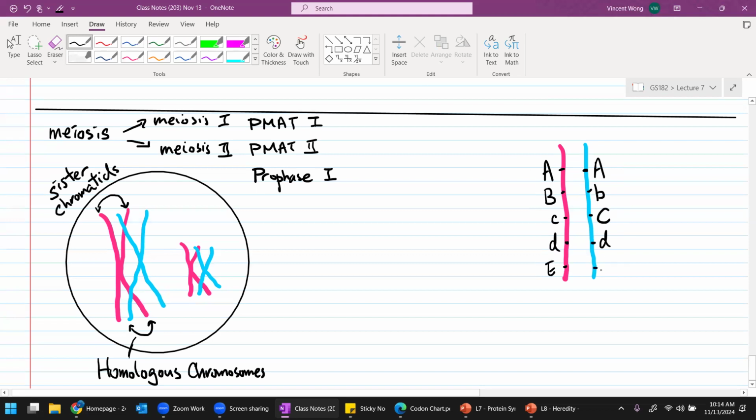Earlobe is attached, earlobe is detached. Right? So basically, you have the same set of genetic information in the same order. However, the version might be a little bit different, right? You might have brown eyes from one parent and blue eyes from the other. You might have attached earlobes and detached earlobes, but they might both not have dimples.